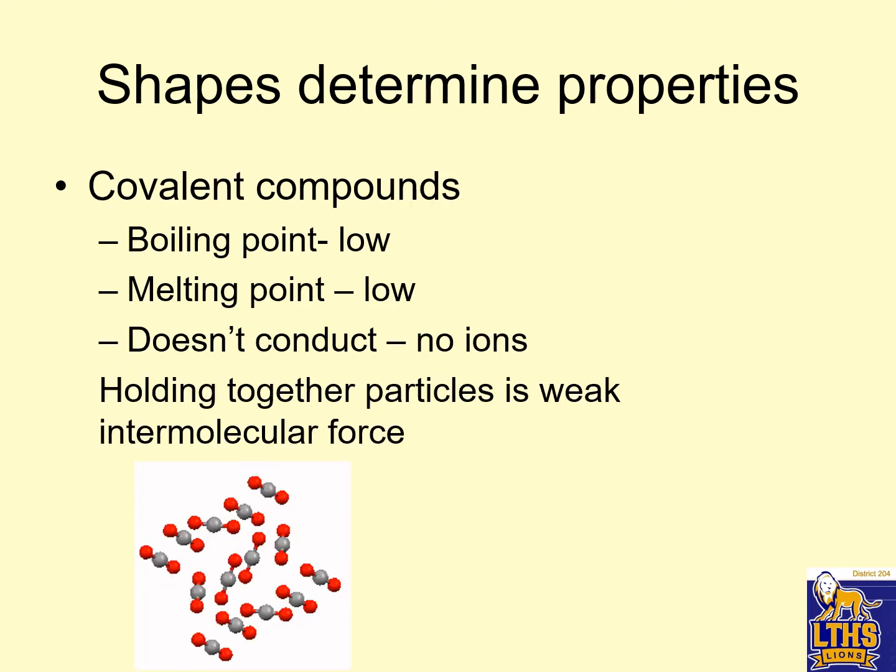All right, so here's covalent, and remember that's our molecular, okay? So their boiling points are going to be low because in order to boil, you just have to overcome this force, so it could have a low boiling point and low melting point. They don't conduct electricity because there are no ions ever. The covalent bond makes the molecule.